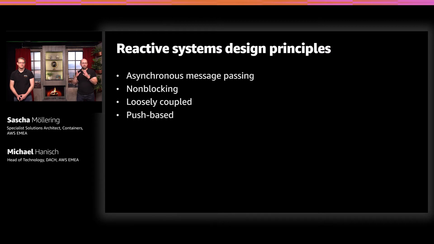Which creates a strict boundary between the components and allows them to work in a decoupled manner, right? This allows for lots of concurrency in the system, as well as for distribution and mobility. So you can use the services on the other end of the message pipe somewhere else. And this decoupling is also a requirement for full isolation of the components, and thus forms the basis for both resiliency and elasticity.